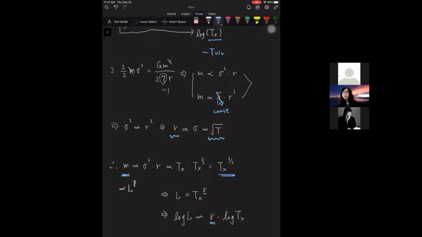What is L to the beta? Is that just some unknown exponent that we don't know? Yeah, so if you recall from the first or second homework, you actually use this relation that the mass is proportional to luminosity to some order.